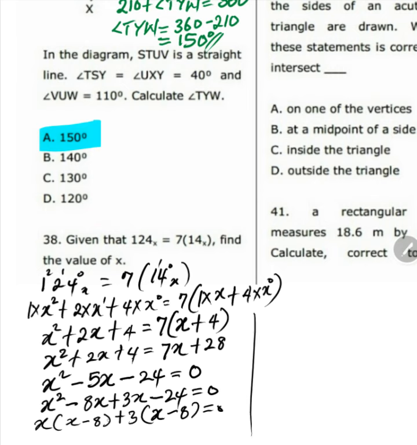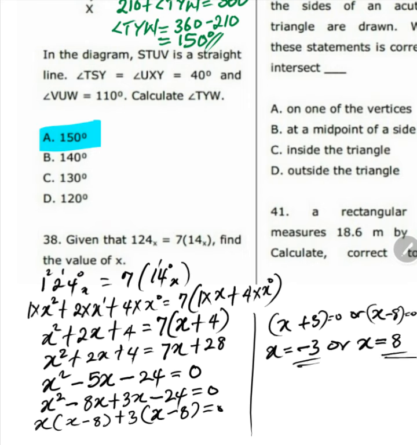So we're simply going to have x plus 3 equal to 0, or x minus 8 equal to 0. That is to say, x will be equal to 0 minus 3, which will be minus 3, or x will be equal to 0 plus 8, which will be equal to 8.